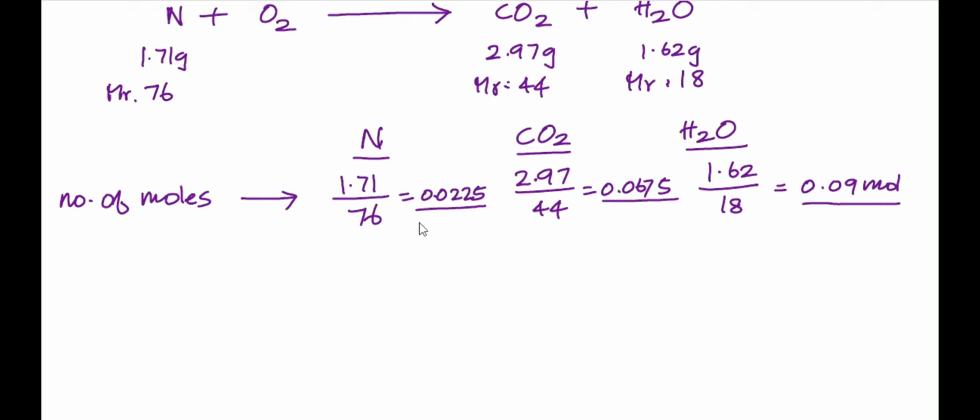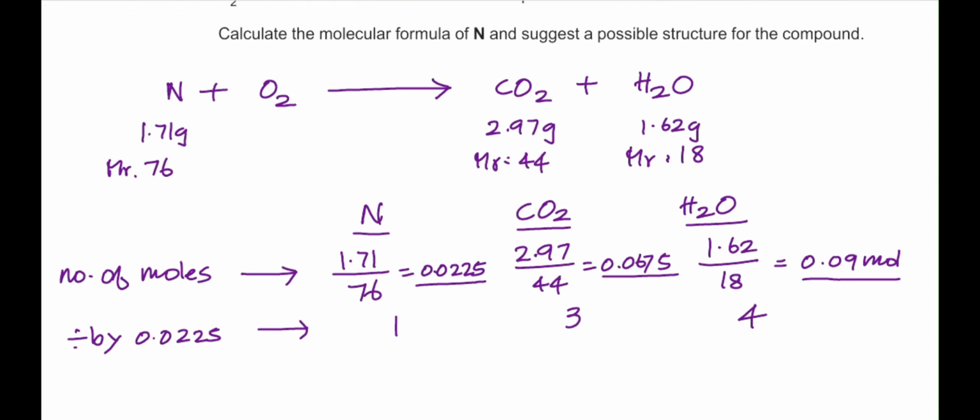Now dividing by the smallest to find the proportion. So divide by 0.0225, we get this is 1, this is 3, and this is 4. So leaving out oxygen, the proportion by moles of the other reactants and products will be 1 N and 3 CO2 and 4 H2O.